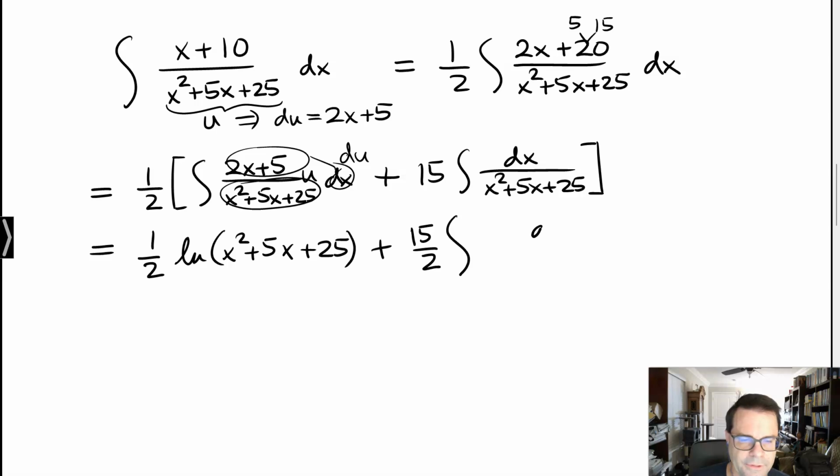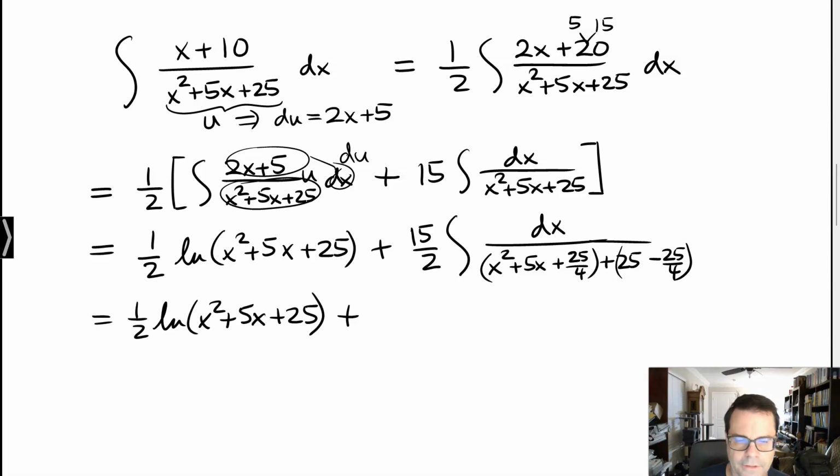Okay, and now I complete the square. I take half of 5, which is 5 halves, and then square that is 25/4. Yuck. Okay, so x squared plus 5x plus 25/4 plus 25, and then I have to subtract off 25/4.